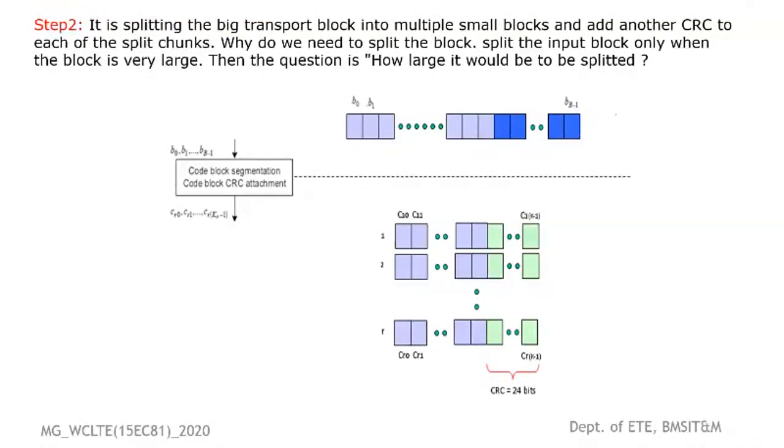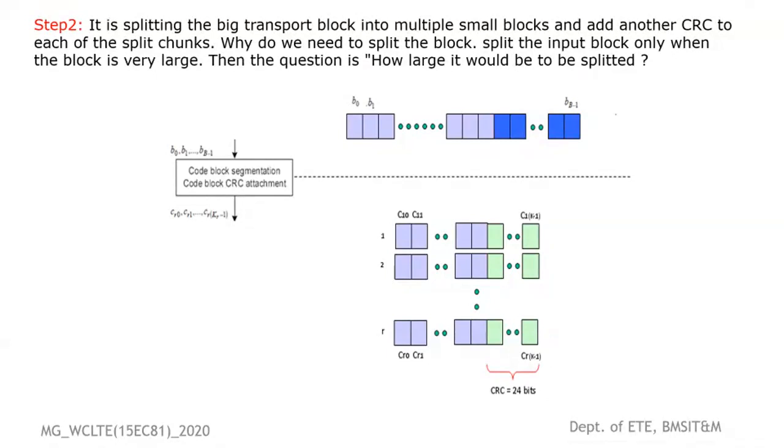Why do we need to split this block? Because if the block size exceeds the maximum code size, then we need to split it. How we split and what the size will be, we discussed in the last slide.